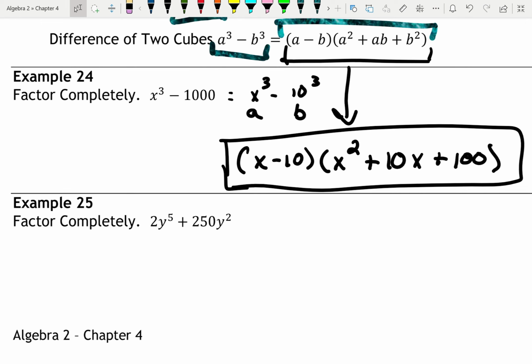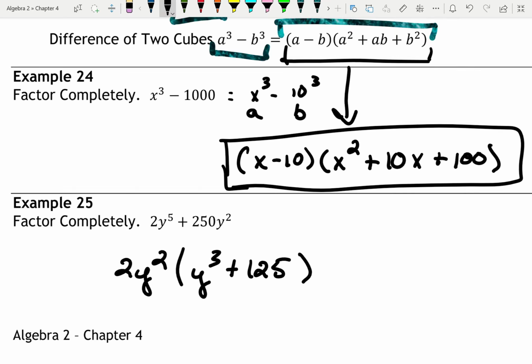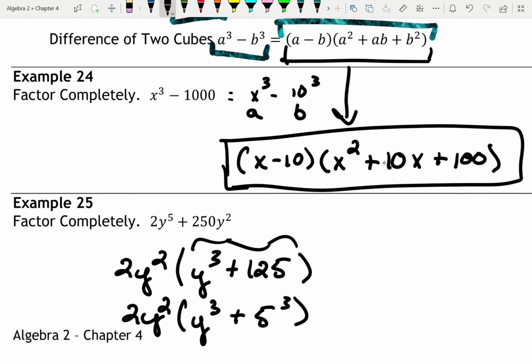They both have a 2, they're both even, and they both have a y squared. So let's pull out a 2y squared, and we'll be left with y cubed plus 125. Now, this is a sum of 2 cubes. Let me rewrite it. 2y squared, and then y cubed plus 5 cubed.